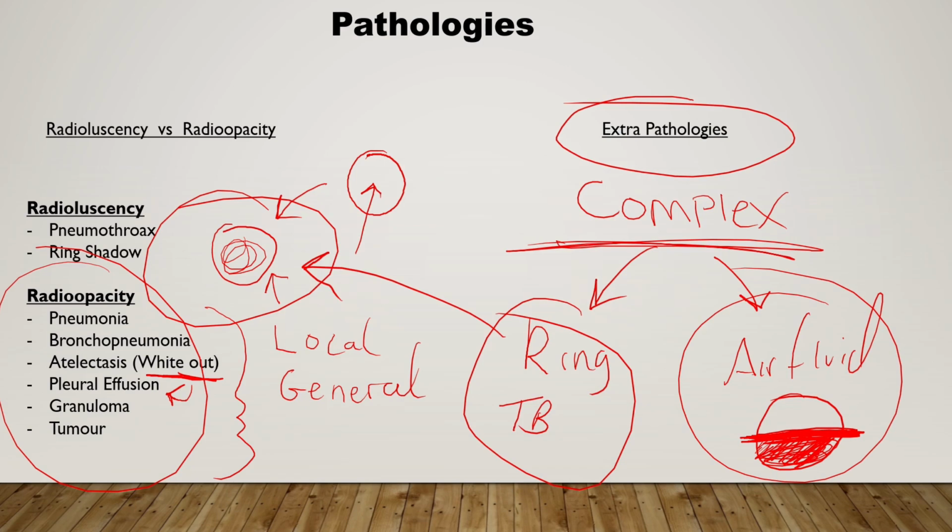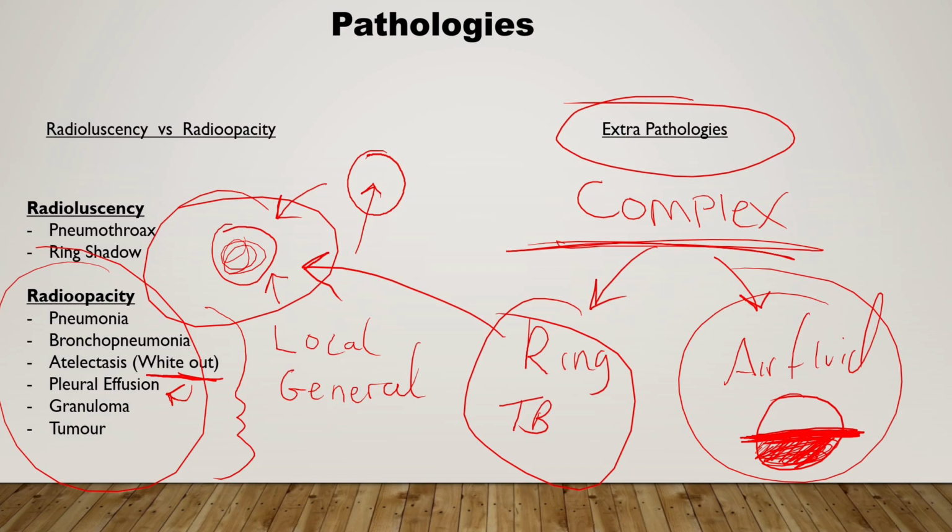And air fluid is just, look at a lung. Do you see a horizontal line? Yes, it's an air fluid shadow. But you want to see if it's in the pleural cavity or not, because it can be in the pleural cavity and it can be horizontal.